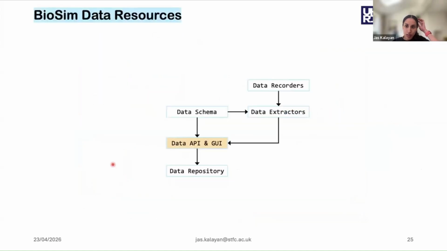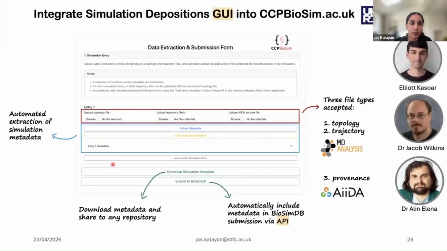Okay, so that's the extraction of data, presented in a formalized and consistent way across the various tools that we're using. The next step is to share that data via an API and GUI. Our plan is to allow users to deposit simulations via a graphical user interface directly embedded into the CCP BioSim website.